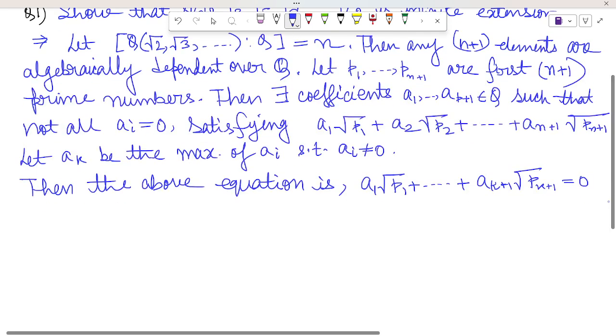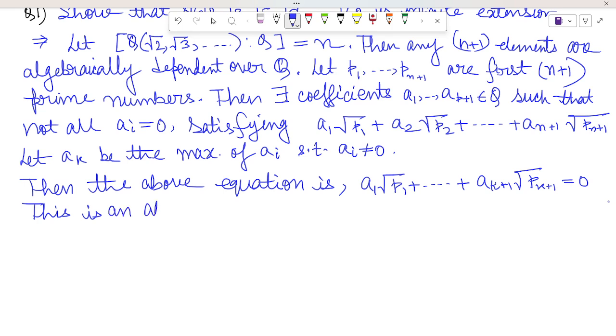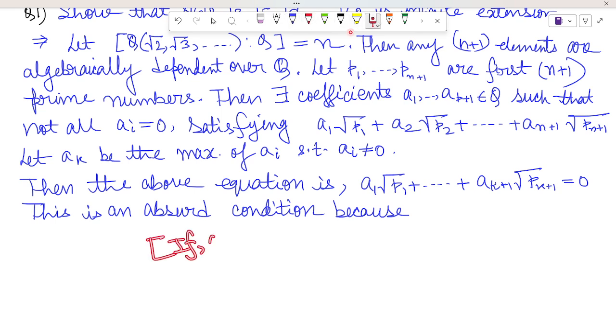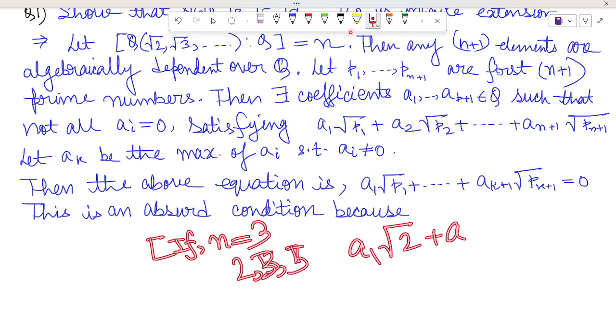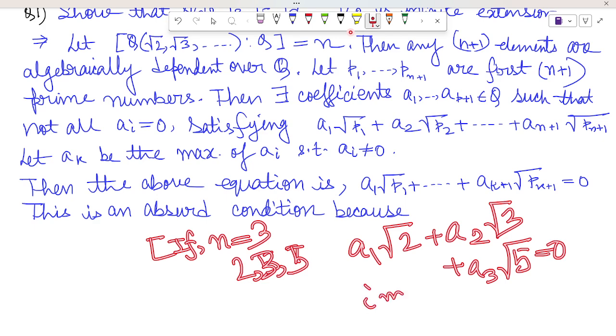Now this is an absurd condition. I mean you can understand, right? For example, in a particular case, if n equals 3, then the first three primes are 2, 3 and 5. So a1 root 2 plus a2 root 3 plus a3 root 5 equal to 0 is impossible.